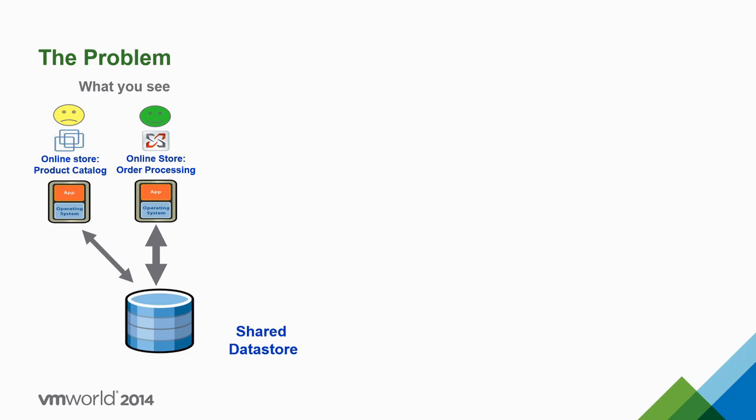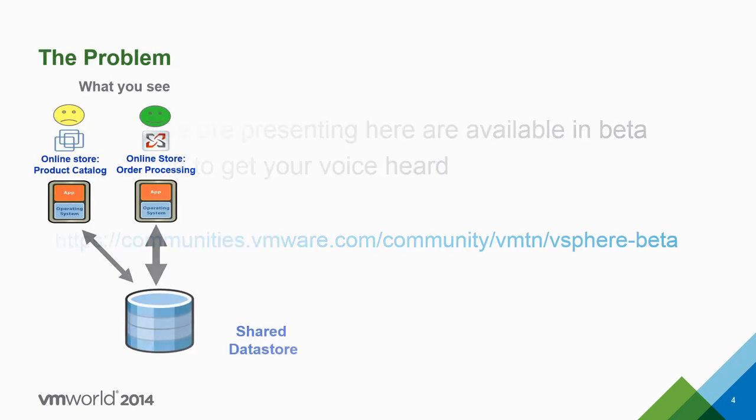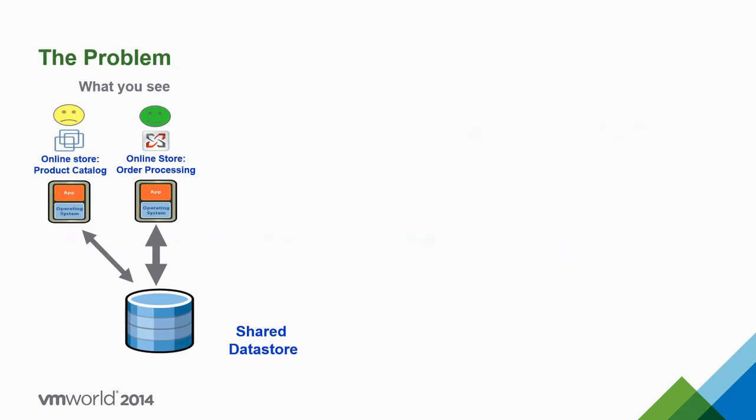So what's the problem? Let's start with a simple problem, and then we're going to build up the problem as we go along. Let's just say we have a shared datastore, and 2 VMs accessing that shared datastore. These are important VMs, and on a normal day, when they are doing their normal I/Os, they're happy.